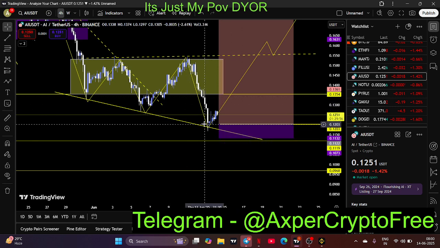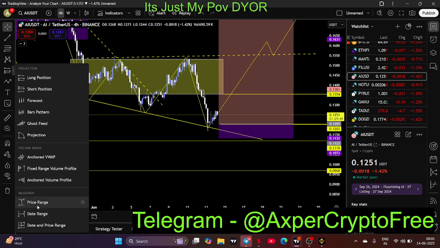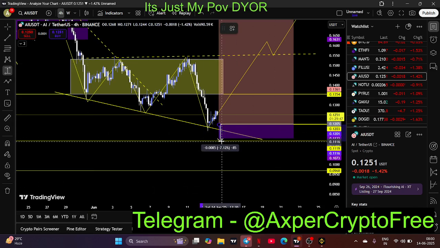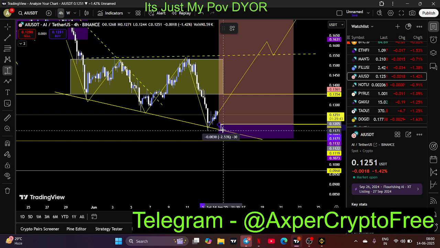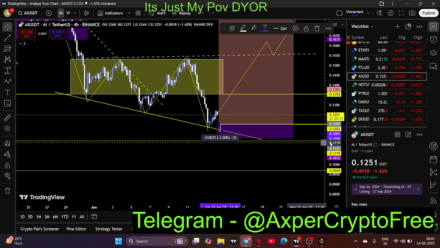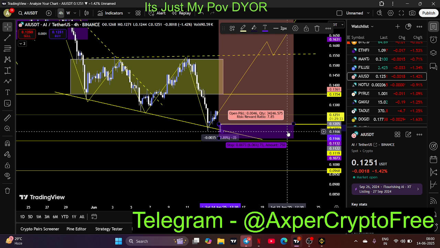If we are taking 20x leverage, our second entry will be around this range, that is the 1175 range.